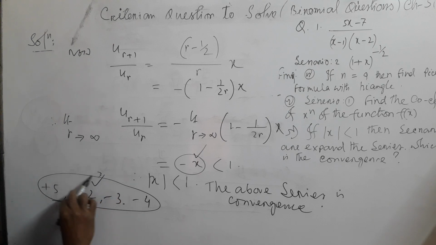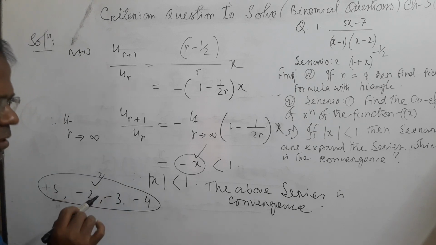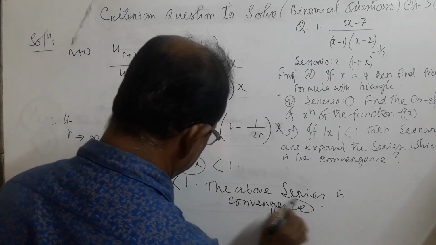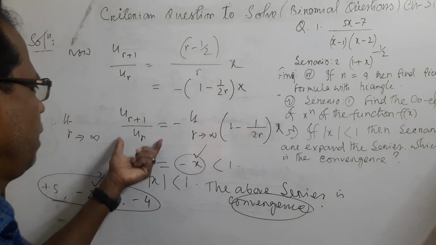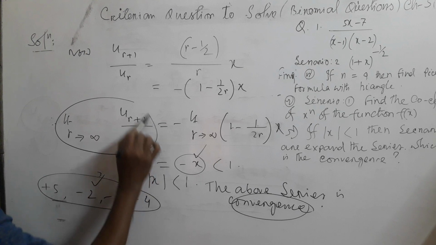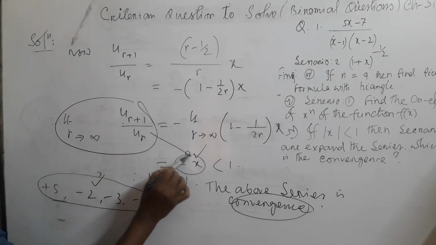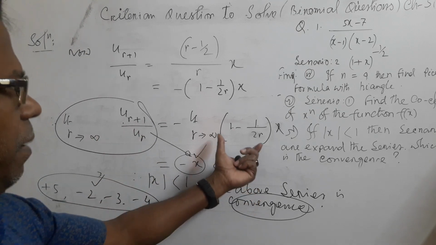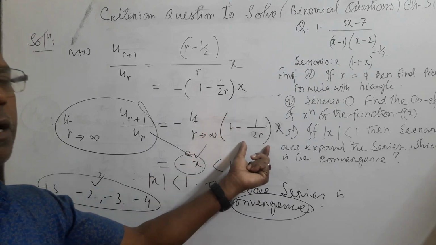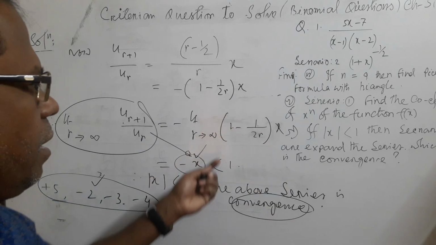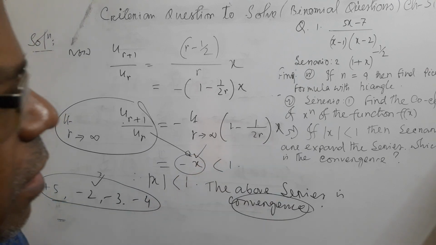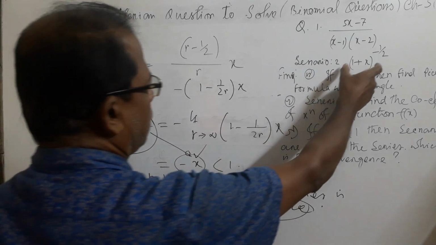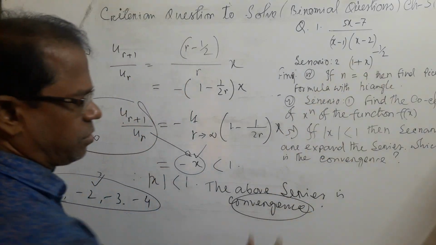Then obviously you have to clear why these functions are convergent: because the values are 1 minus 1 by 2r, and as r tends to infinity, the limit is equal to minus x. That's why this function is obviously convergent.